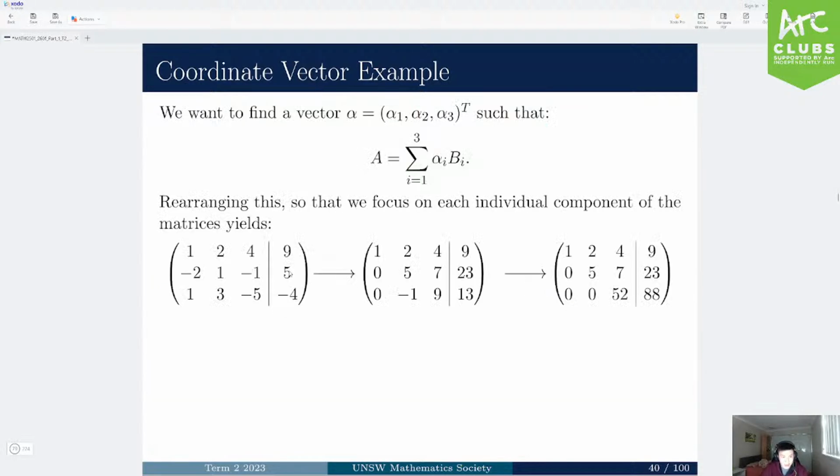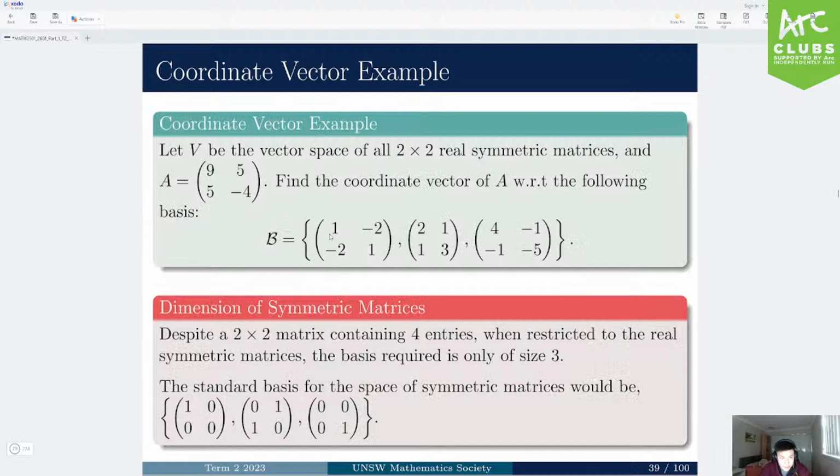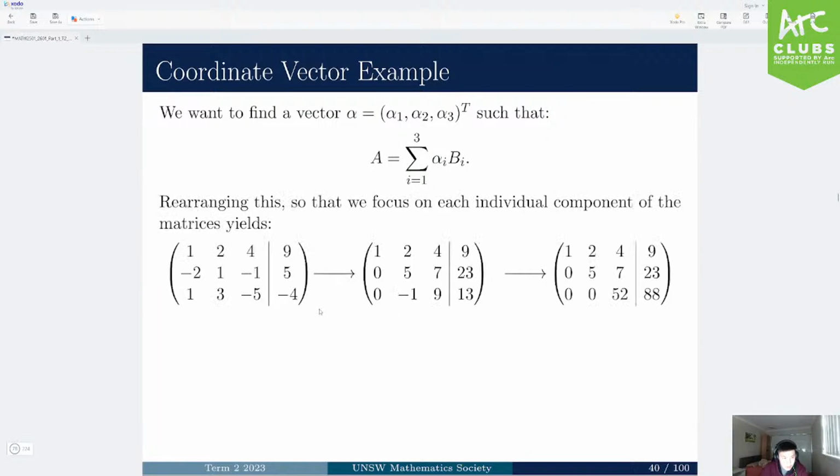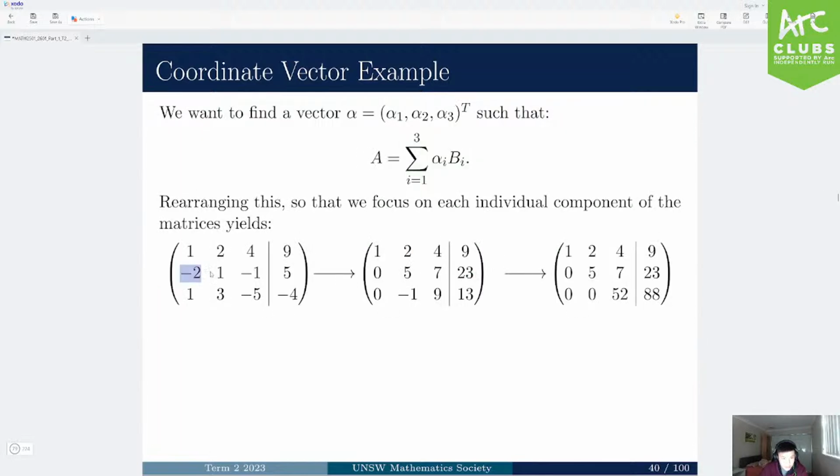We can just rewrite this in terms of a matrix over here. So if you notice that we have 1, 2, and 4, that gets us onto the first row, 1, 2, and 4. Okay. Minus 2, 1, minus 1. That gets us onto the second row, minus 2, 1, minus 1.